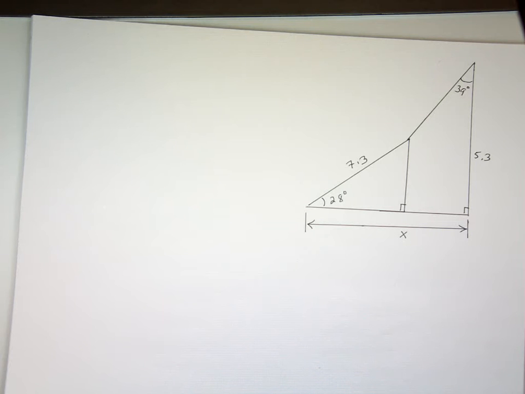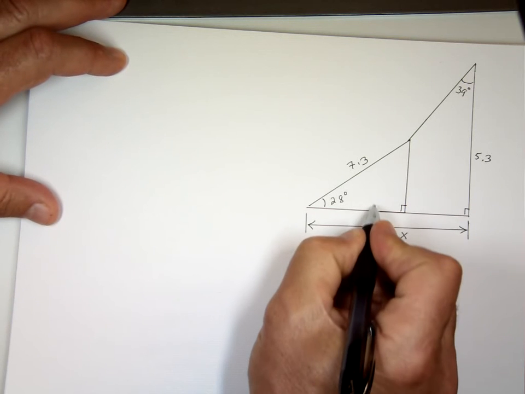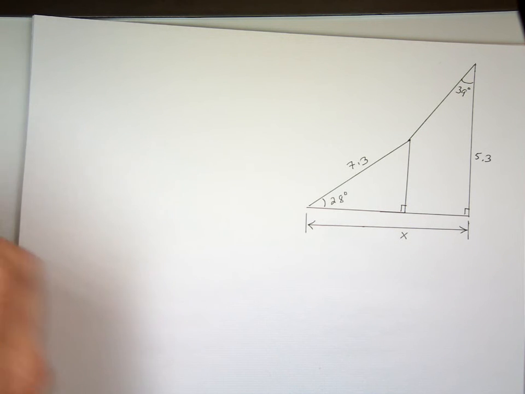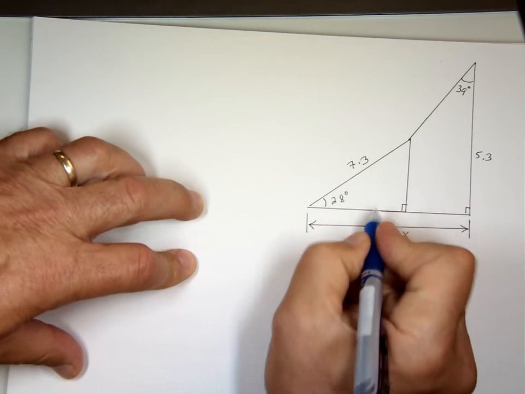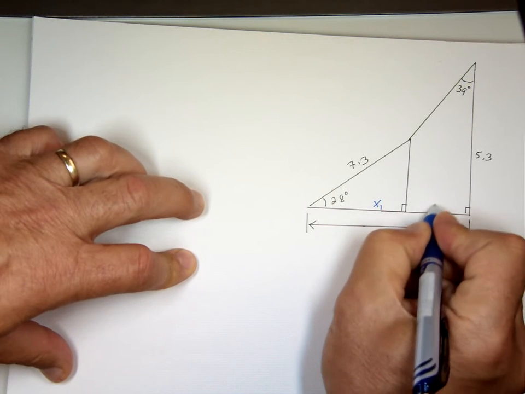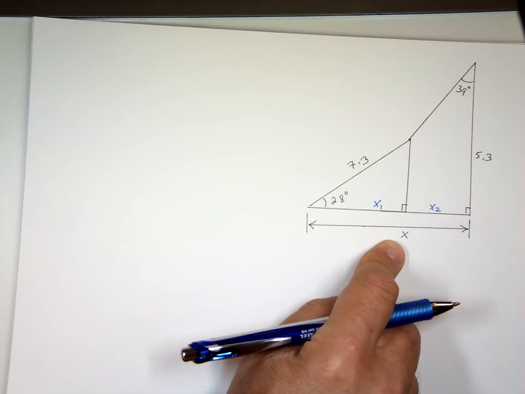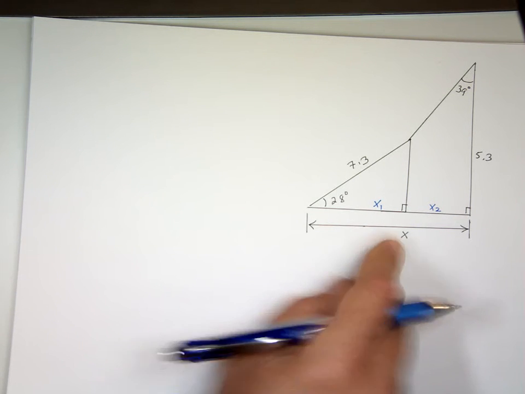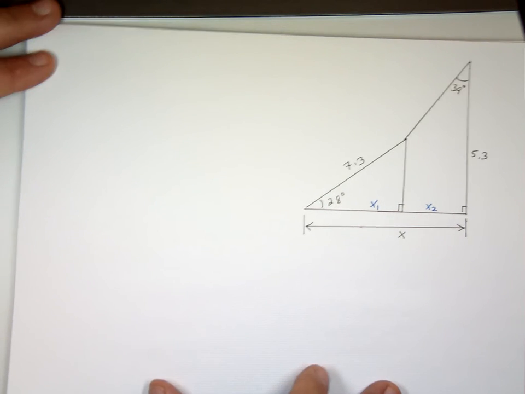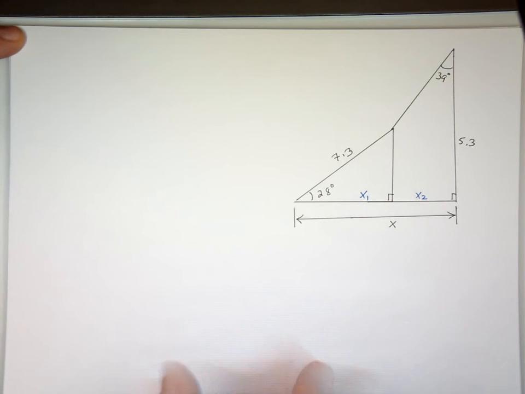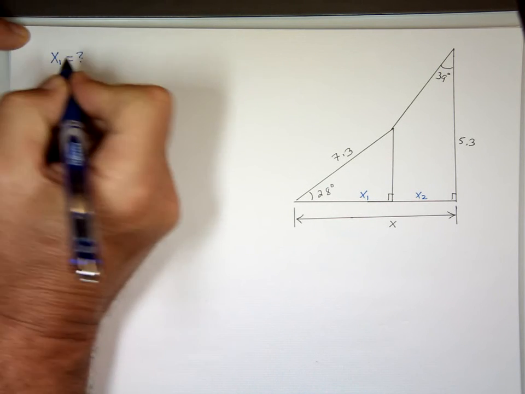Now, if I call this piece here x1, and this is x2, if you add them, isn't that equal to x? So I need to find x1, I need to find x2. x1, I can find that quickly. How do we find x1?